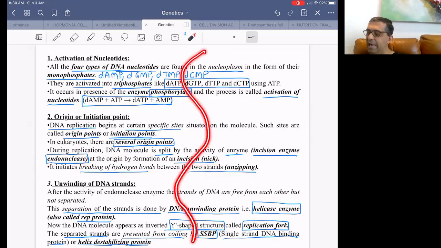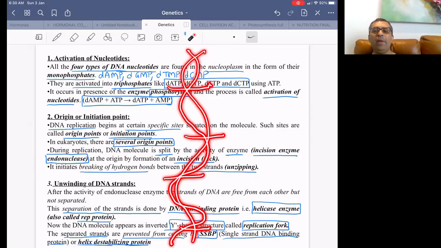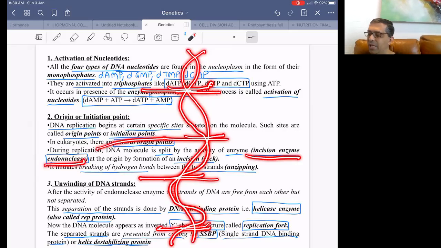So this is the DNA and these are its origin points. Origin points are randomly located anywhere on the DNA. At the origin point, an incision is made with the help of the incision enzyme, also called endonuclease. Endonuclease will cut the DNA.